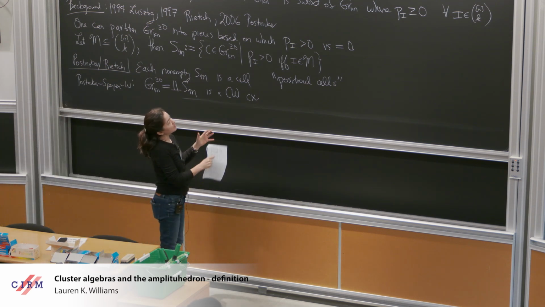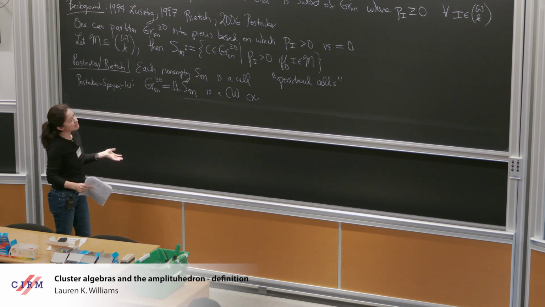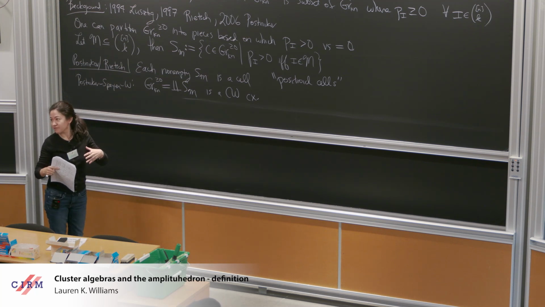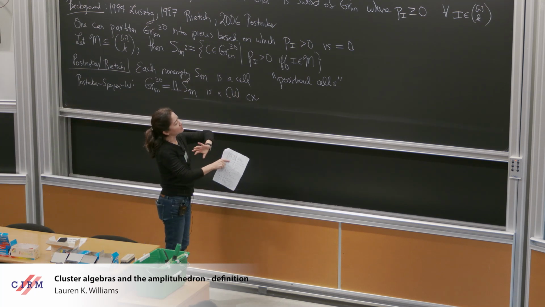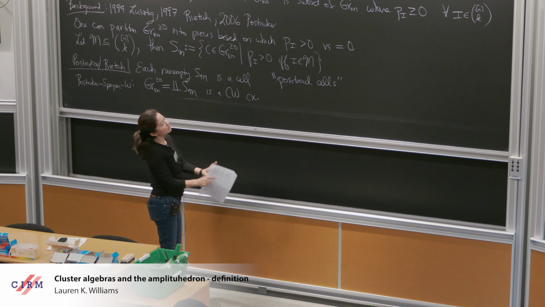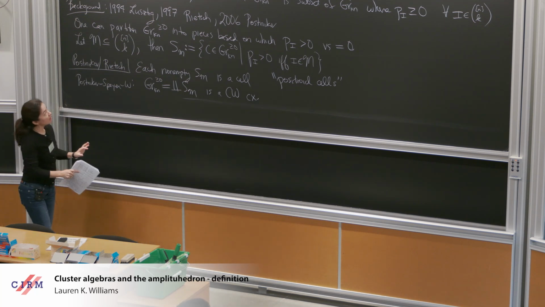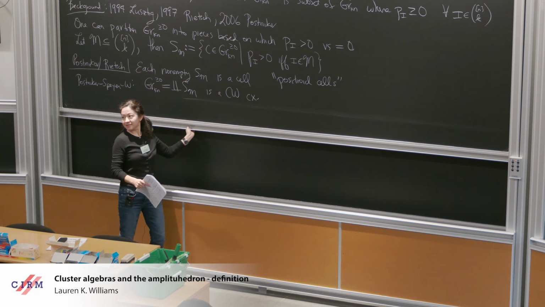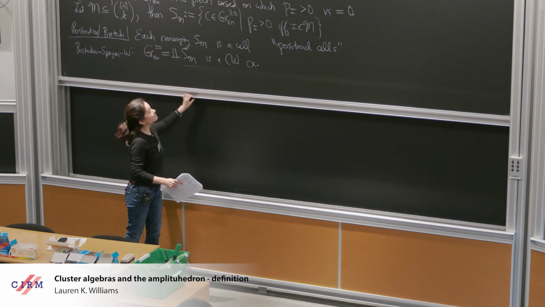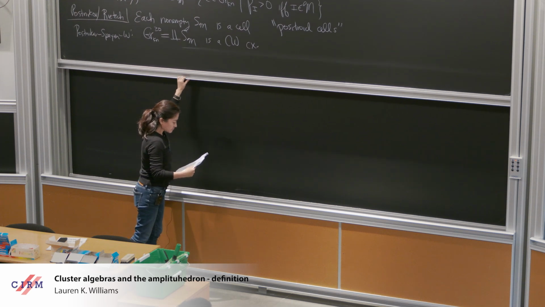So one can talk about the matroid stratification of the entire Grassmannian, where you don't impose the non-negativity, and then what you get when you superimpose the matroid stratification onto the TNN Grassmannian is this decomposition into positroid cells.